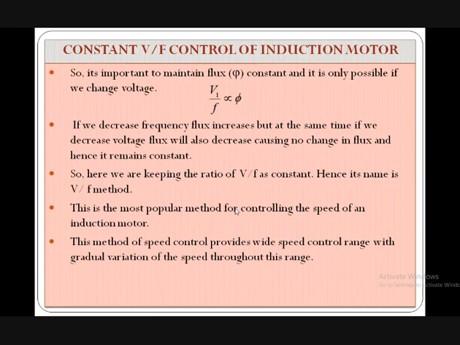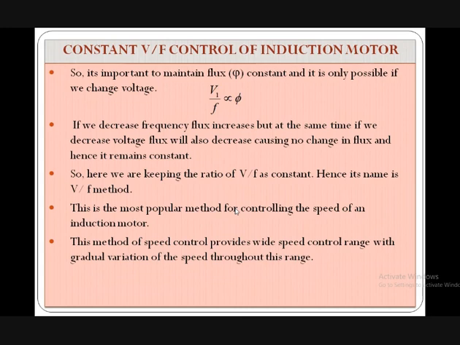From the equation V1 by F is directly proportional to phi, we can see that if frequency decreases, flux will increase, but if at the same time the voltage is reduced in the same proportion, then the flux will again decrease such that the net flux in the core remains constant.